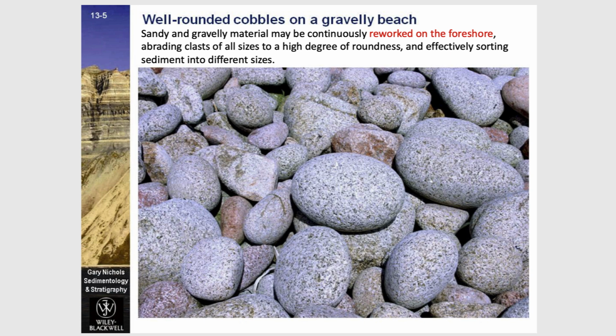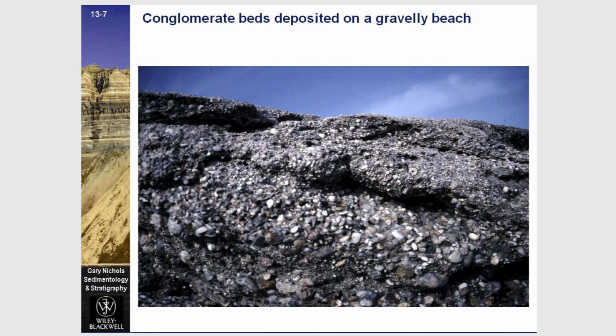Over time, if you get enough lithification going, you will get massive accumulations of conglomerate, which will usually get cemented with muddy material or quartz-rich materials as well. This is an example of a conglomerate which has been deposited and consolidated. So you have a gravelly beach that has now become essentially a rock.